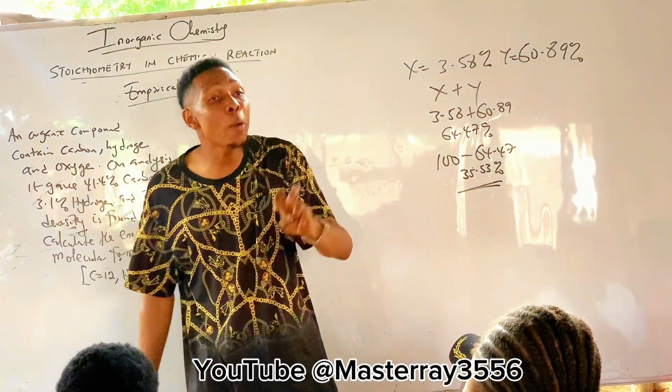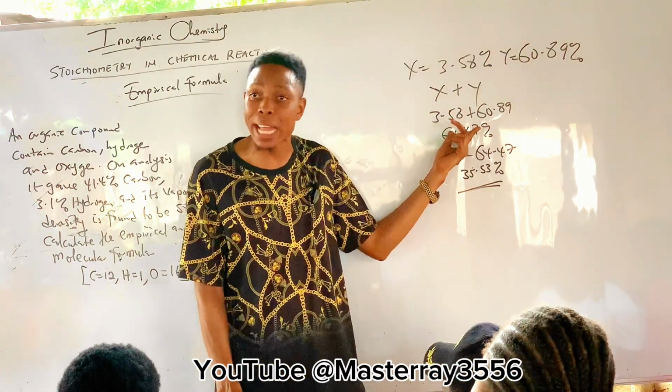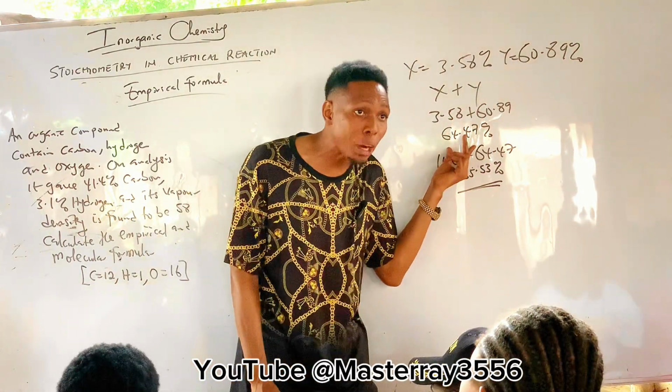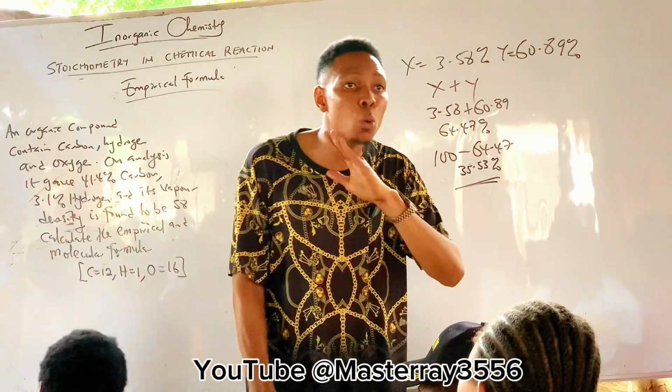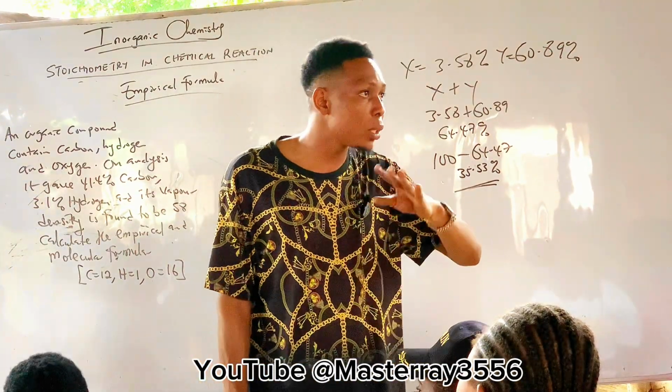But supposing when we added these two values, please pay attention, it was up to 100. Then there is no need of subtracting anymore. Are you getting me? You just go ahead and do your normal calculation.